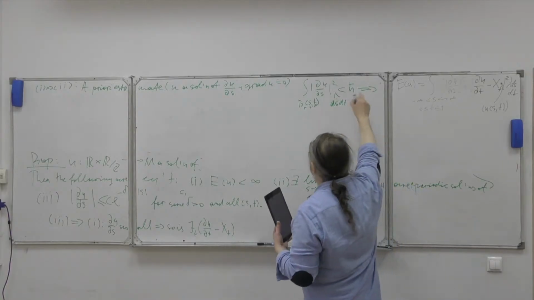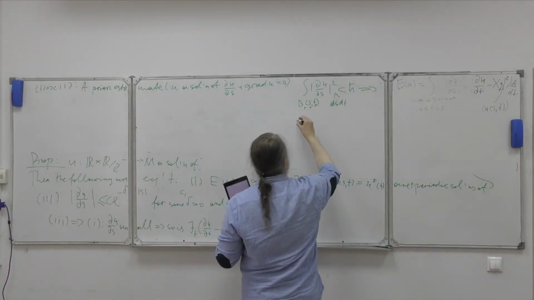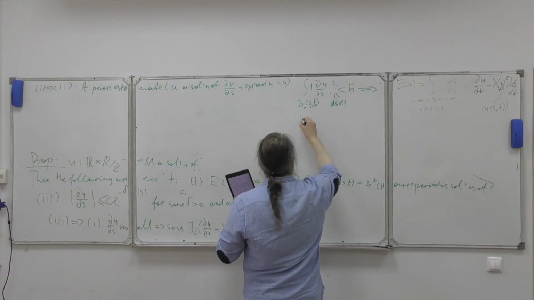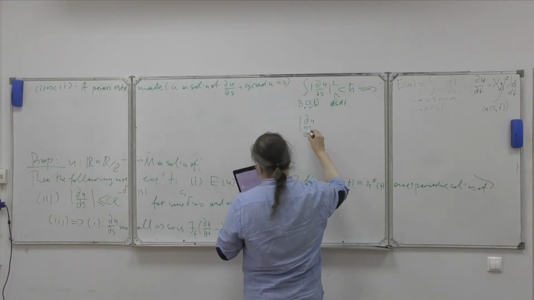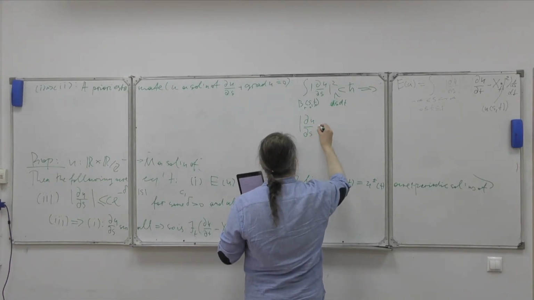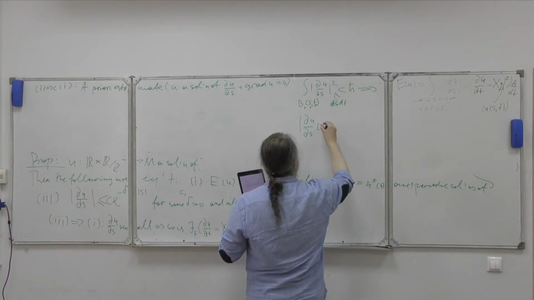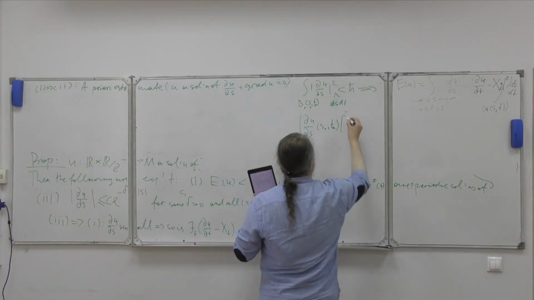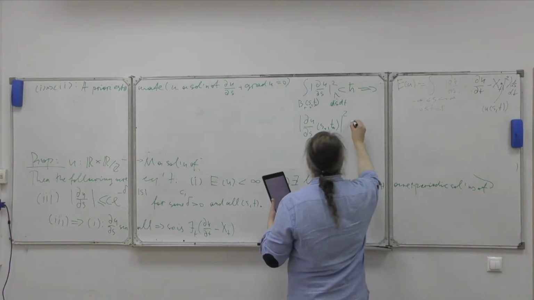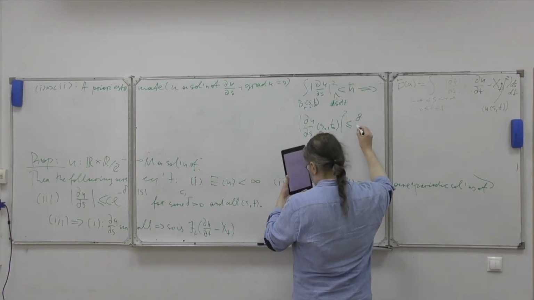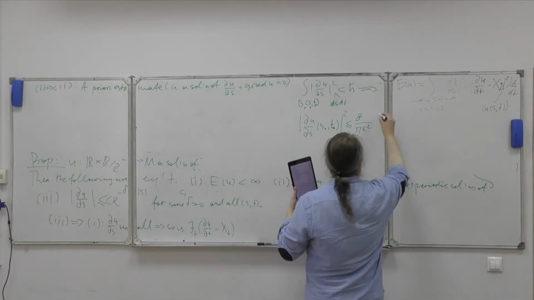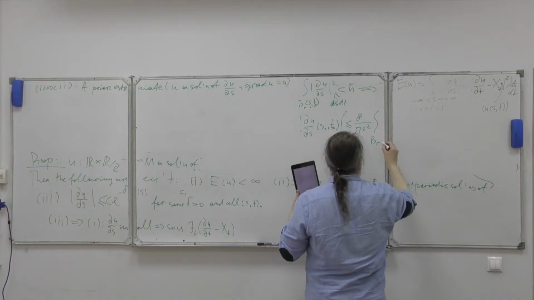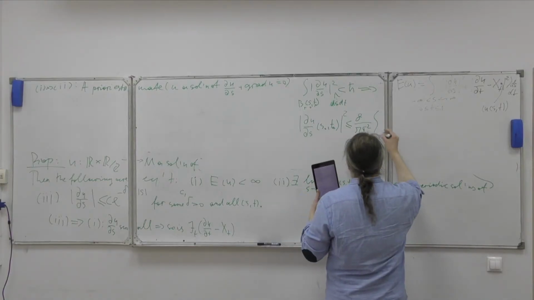So if this is less than h, then the value of the second derivative squared is less than or equal to 8 by pi r squared, the integral over the same ball.